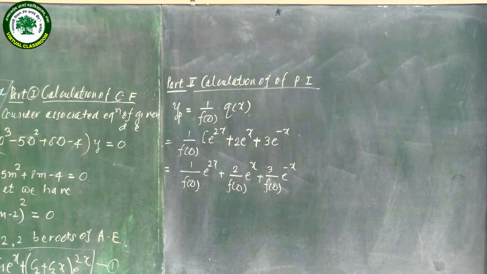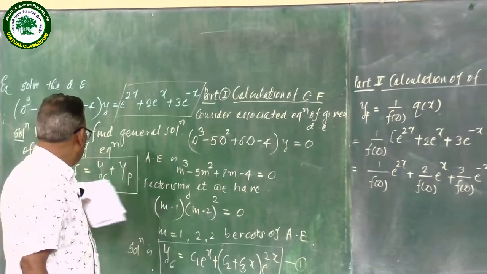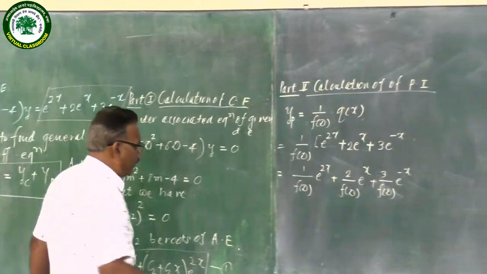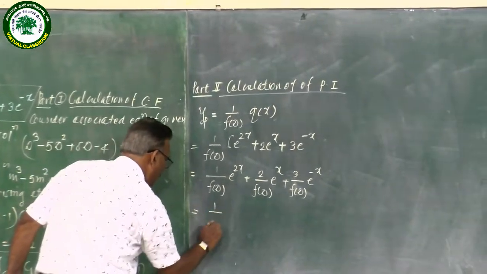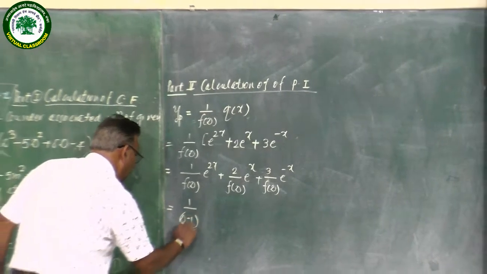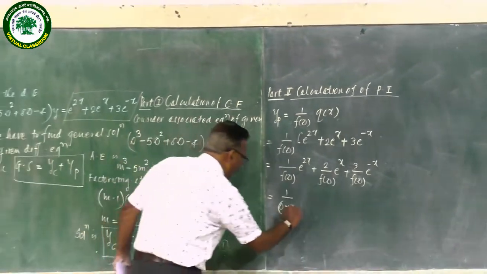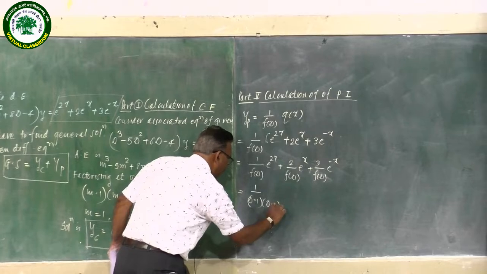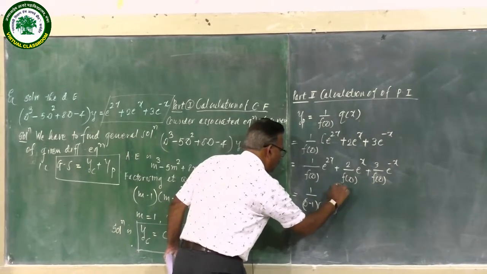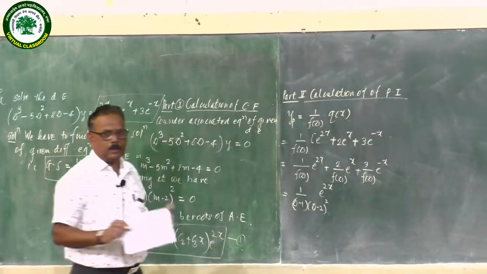This will be factorized already in this case. Therefore, we can write f of D as 1 over (D minus 1)(D minus 2) square e raised to 2x. Try to understand here.